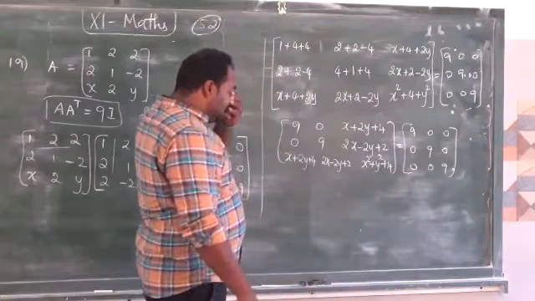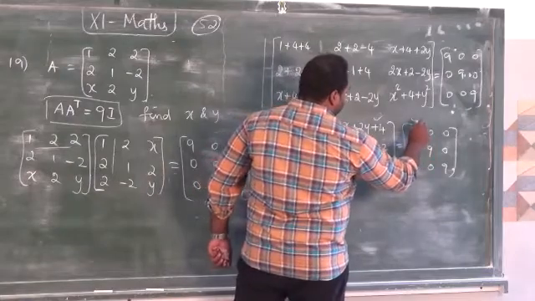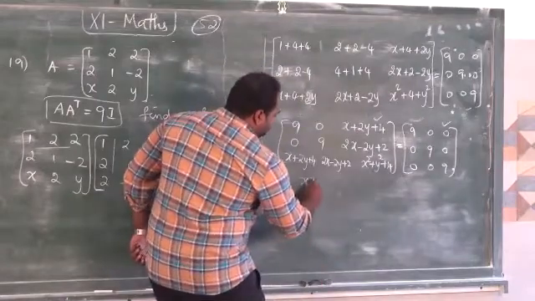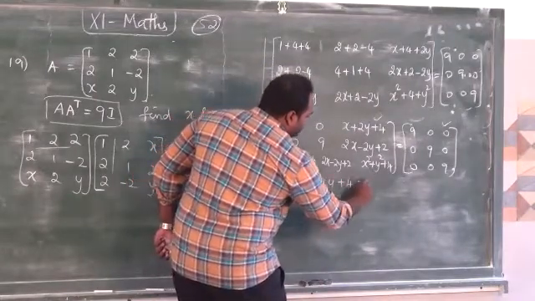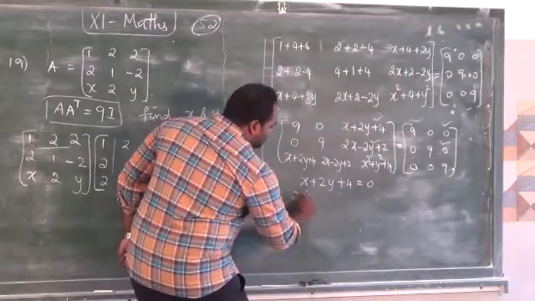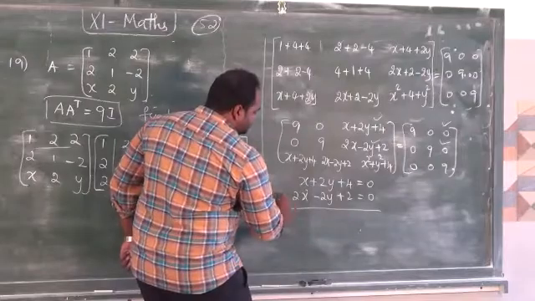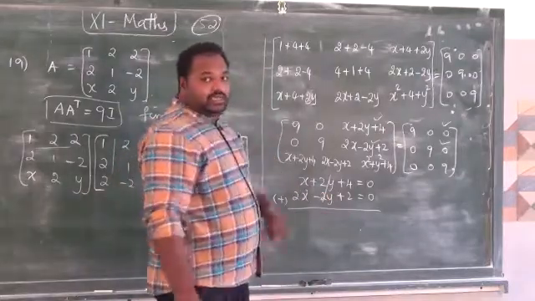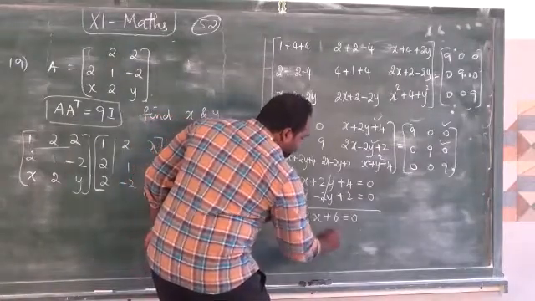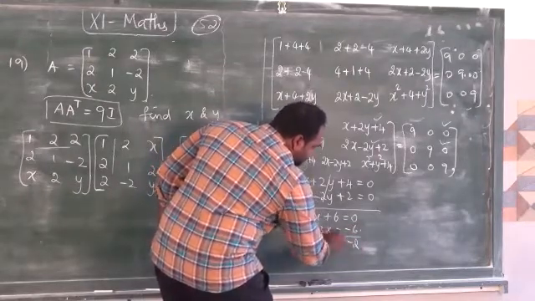Now equating corresponding elements. First I am going to equate these two elements: x plus 2y plus 4 equal to 0. Next, these two elements: 2x minus 2y plus 2 equal to 0. If you add these two, by the elimination method, y will be cancelled. 3x plus 6 equal to 0, 3x equal to minus 6, x equal to minus 2.